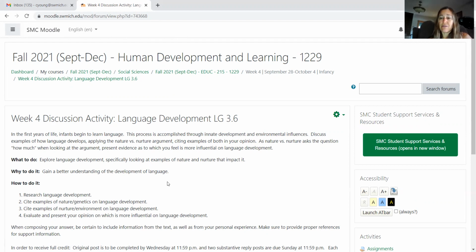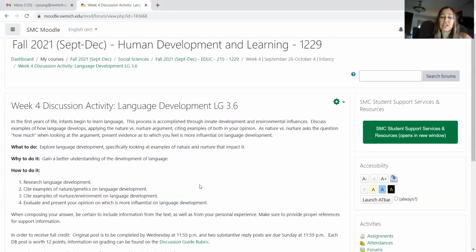There is a lot of evidence out there for both sides. I want you to research how language develops. I want you to cite examples for nature and examples for nurture, so genetics and environment. And then I want you to evaluate and present what your opinion is in terms of what is more influential.